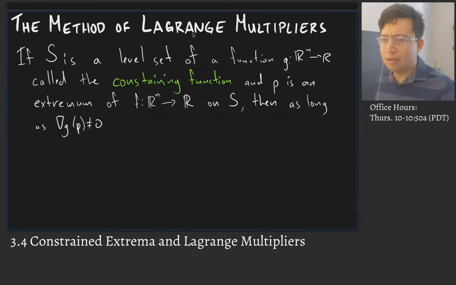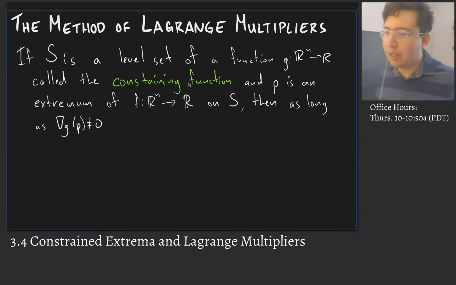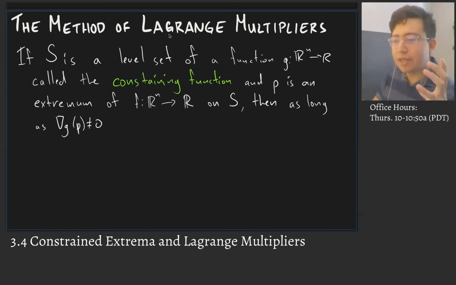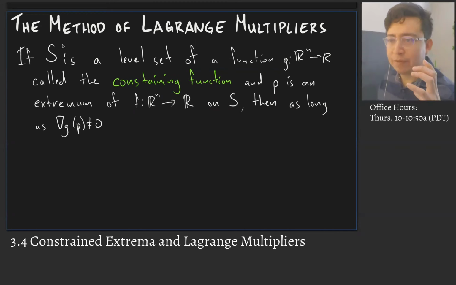Like I said, we're going to say that S is some level set of the constraining function. This constraining function is sometimes called a constraint; the equation itself is called a constraint. But basically we're thinking of this as the boundary of some region.